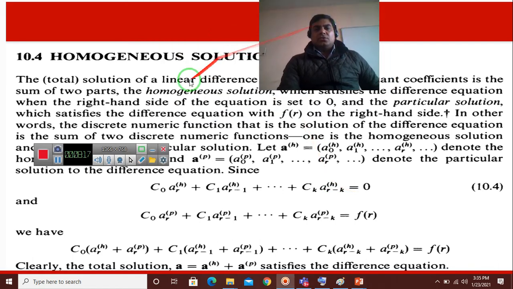If you have any function of r in the right hand side, then you will be able to find 2 types of solution: homogeneous solution and particular solution. Okay, and if you add these two, homogeneous and particular, then you will find the total solution.